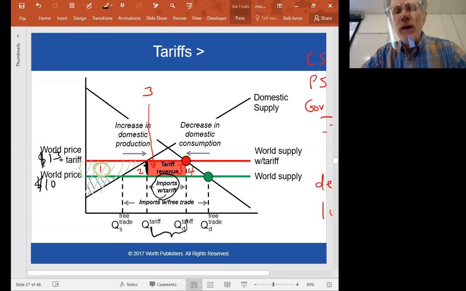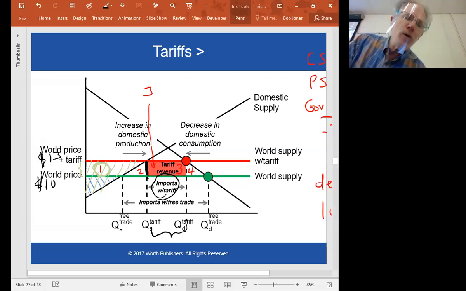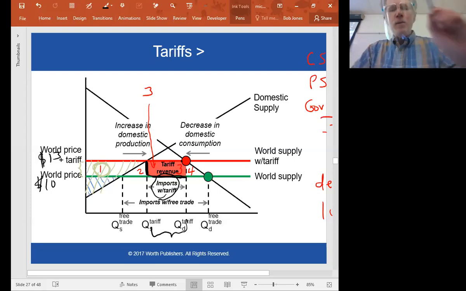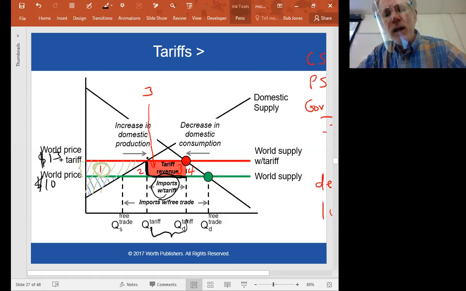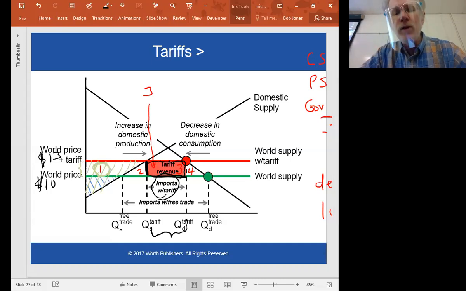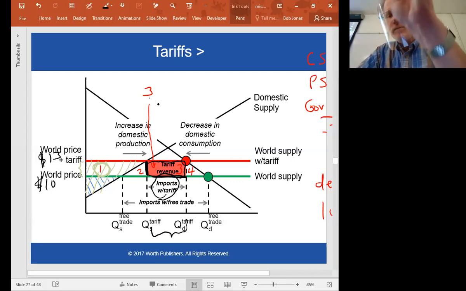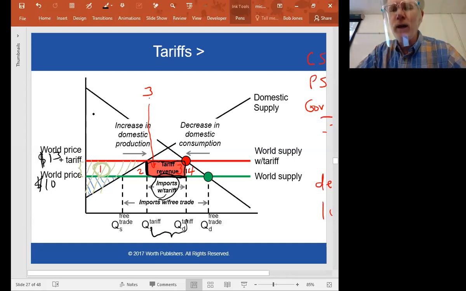So the government is going to get this much per unit imported. We're going to import this many units. So the amount of revenue the government gets is the tariff per unit times the number of units. So the government is going to get revenue equal to that area in red, which I'm calling area 3. Okay, so now we pretty much got everything we need.